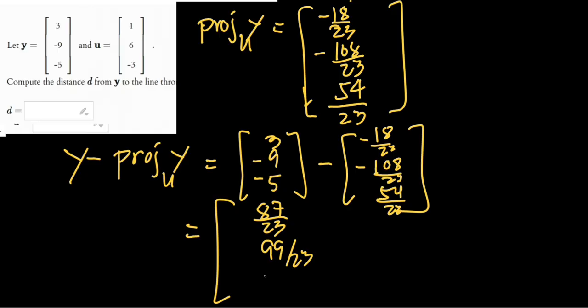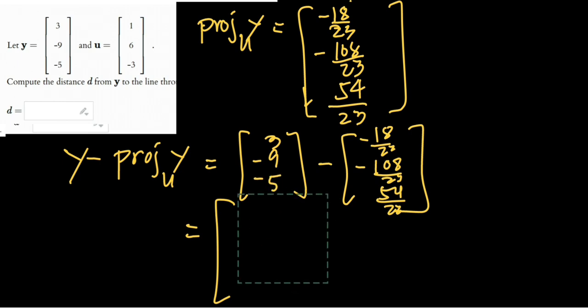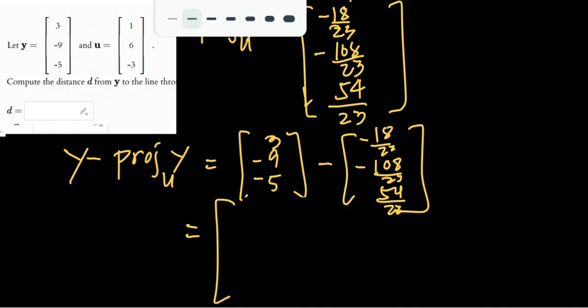Okay, negative 7 over 23? No, negative 47. No. Oh, this is a whole number and a fraction. It should be like this.